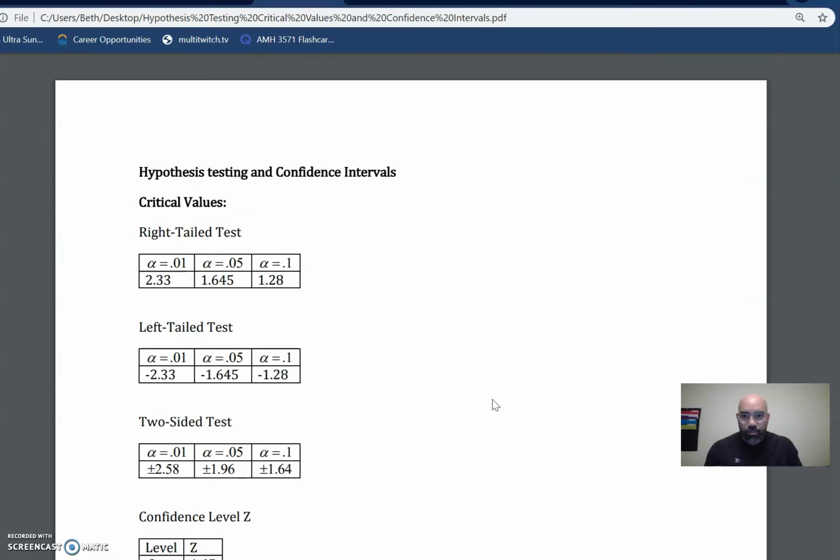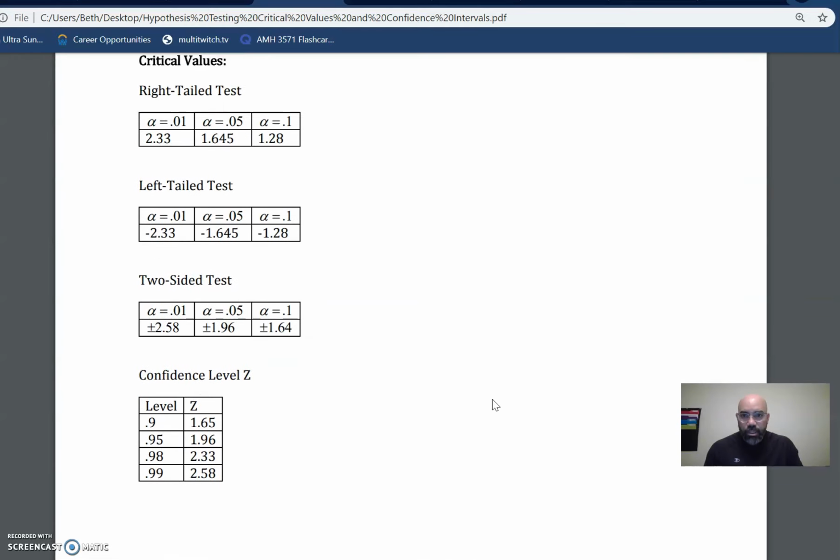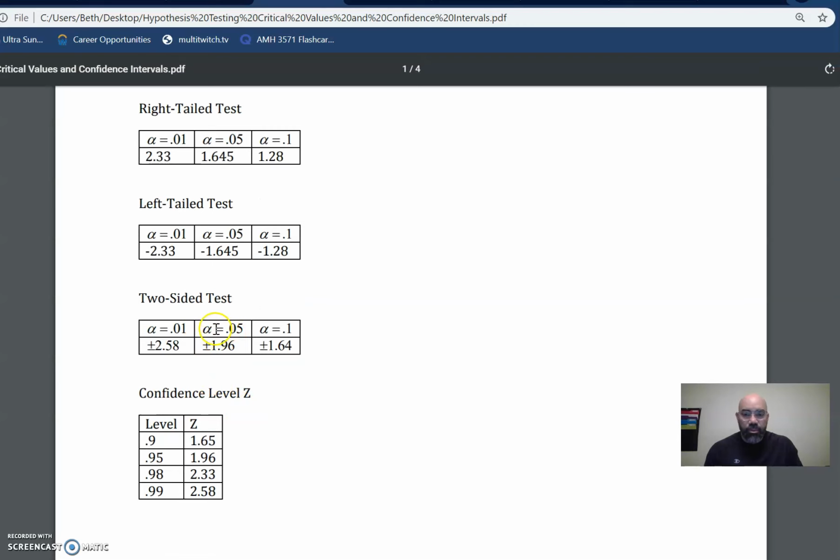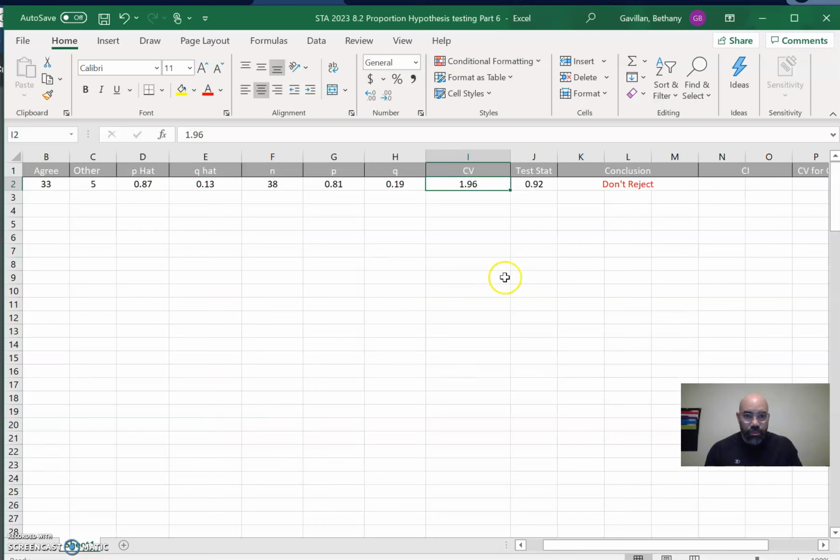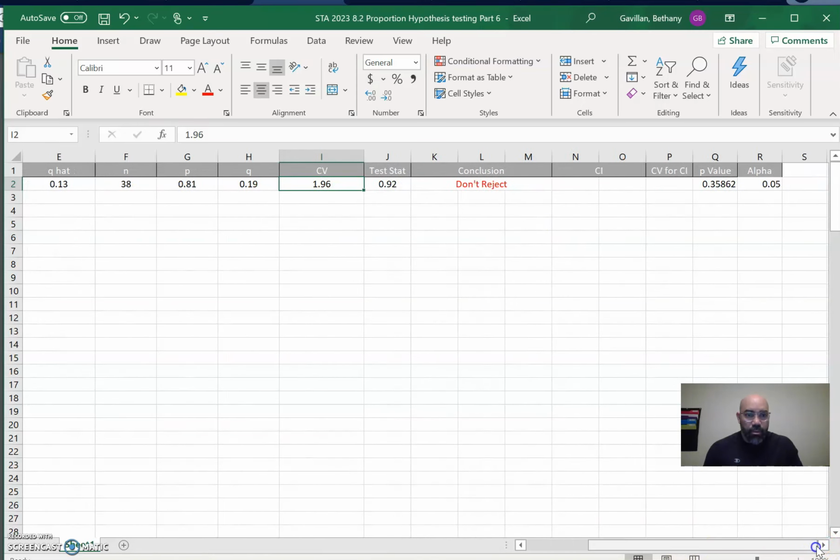I'm going to come back here real quick, and here you can see that if I'm doing a two-tailed test and I'm using an alpha of 5%, it's plus or minus 1.96, and that's what I'm going to use. Then over here, I'm going to make sure that my formula for the p-value is the correct one, and so you can see that it is the correct one for a two-tailed test.